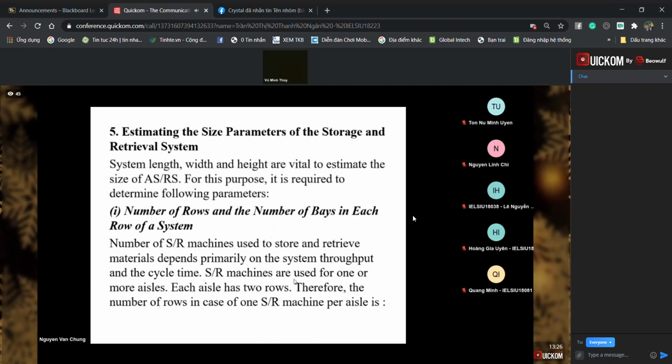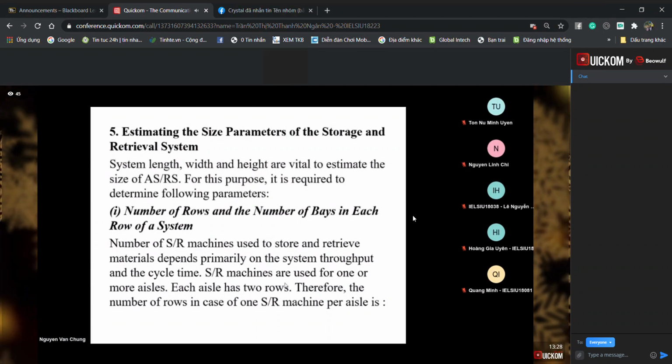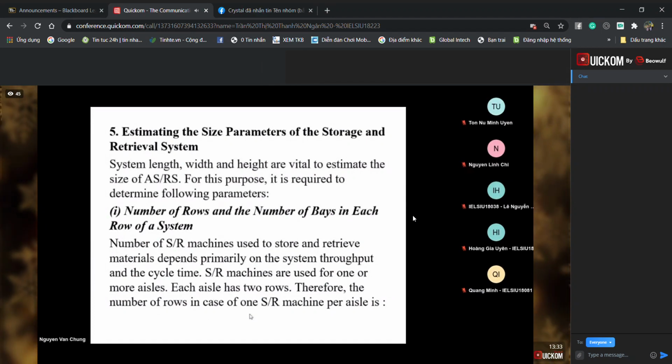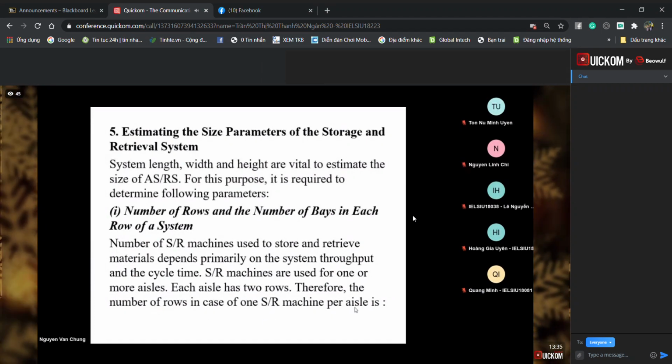Therefore, the number of rows in the case of one SR machine per hour.